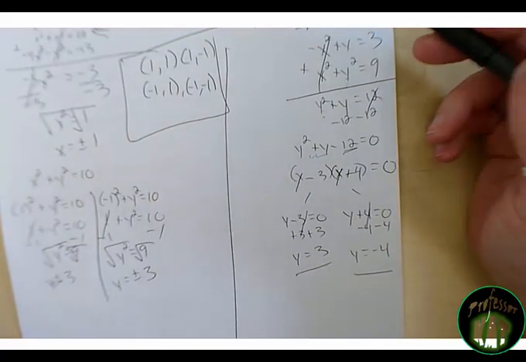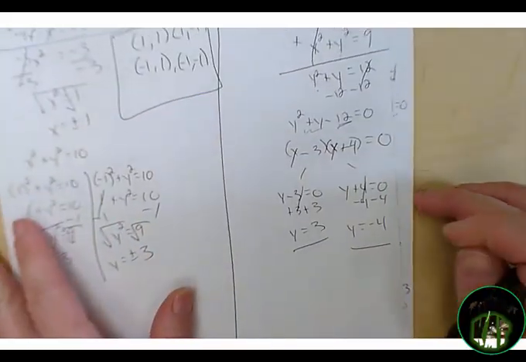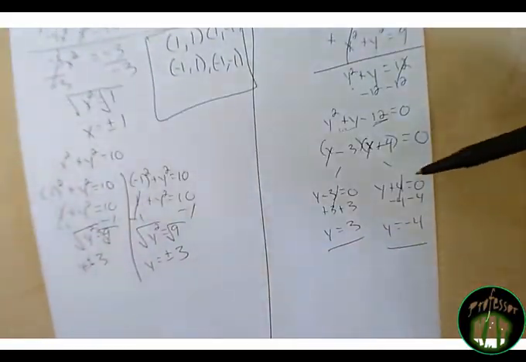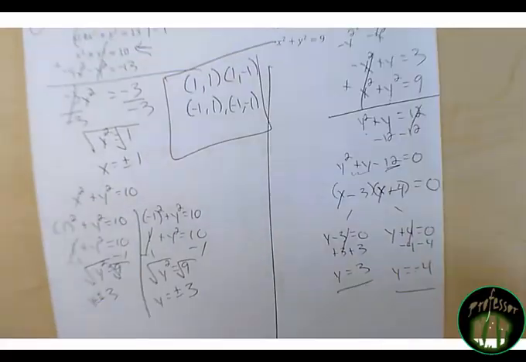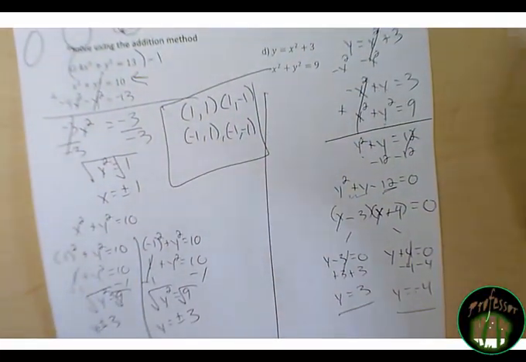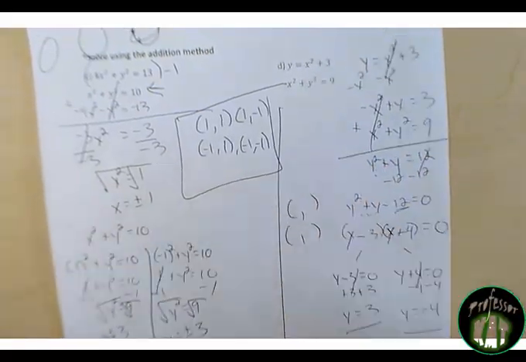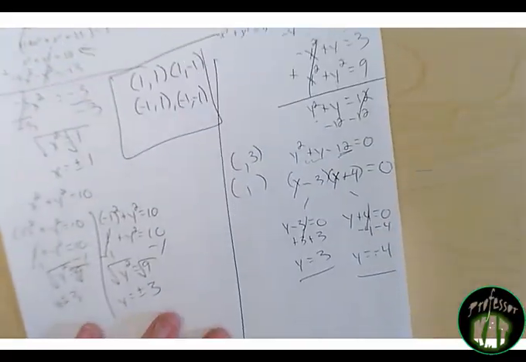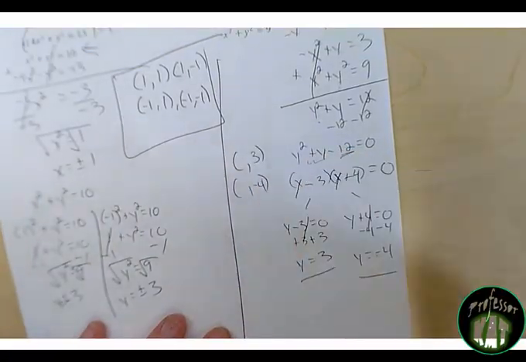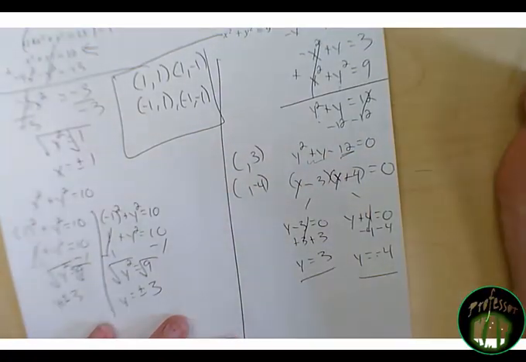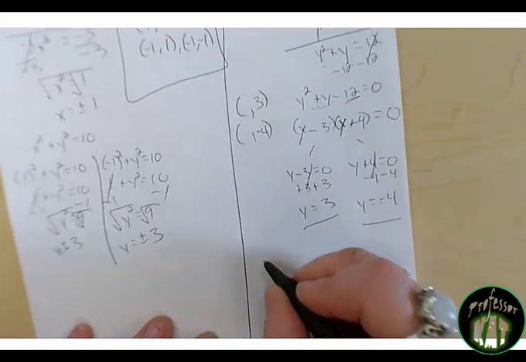Now, just like we've been doing, once you have your first variables, back substitute. Take those and plug them in in order to find what the x values are. So as of right now, we got that y is a 3, and we also got that y is a negative 4. Let's plug that in.